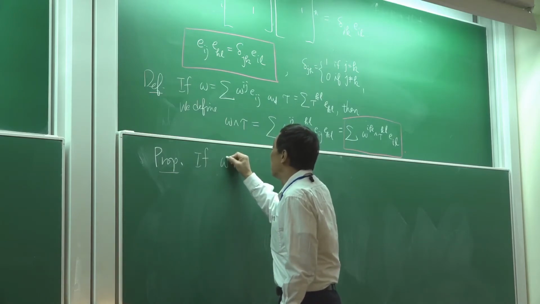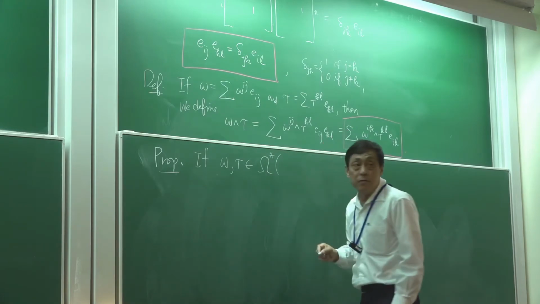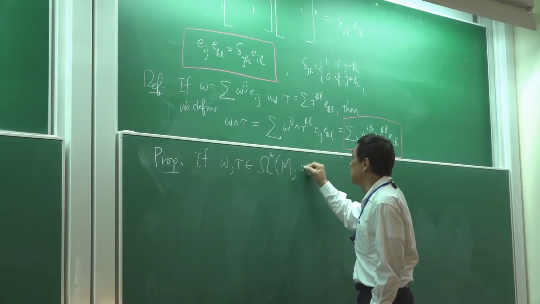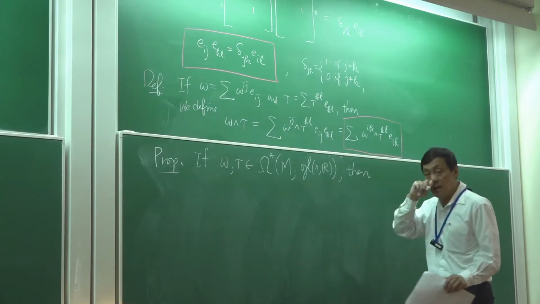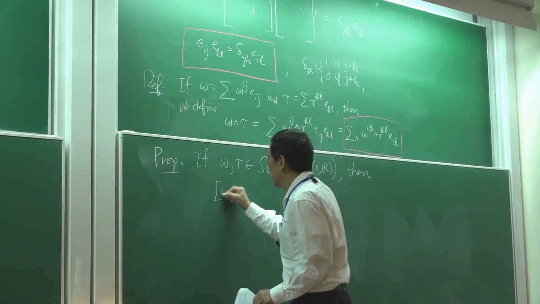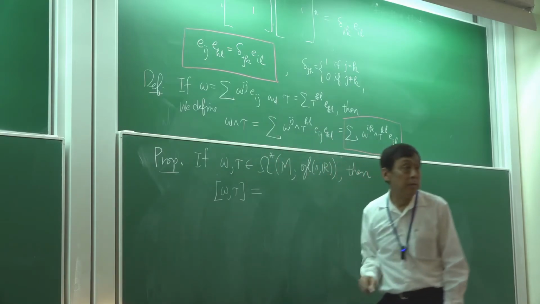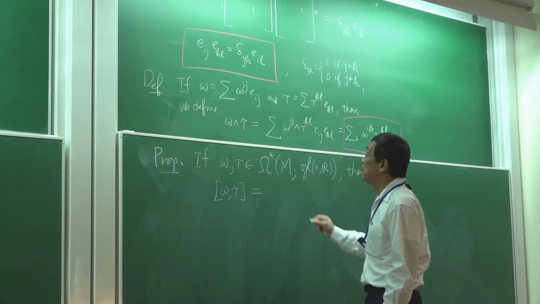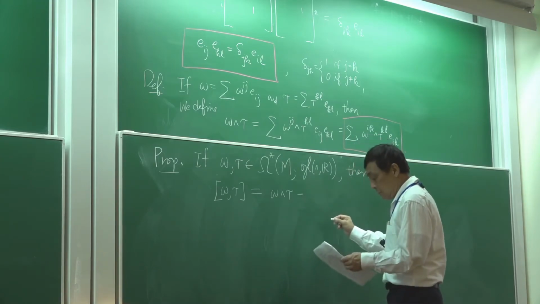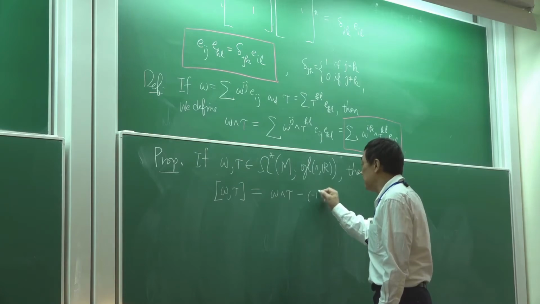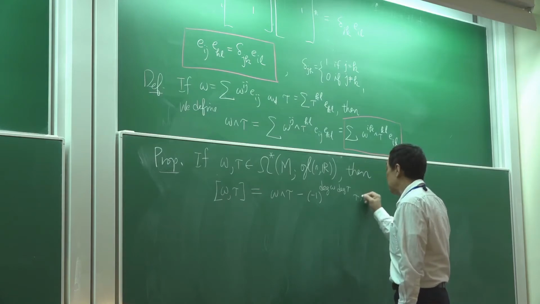If omega and tau are differential forms on M with values in GL n R, then the Lie bracket is related to the wedge product by: omega wedge tau minus -1 to the degree of omega times degree of tau, tau wedge omega.